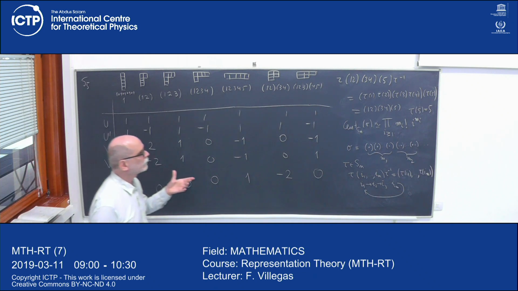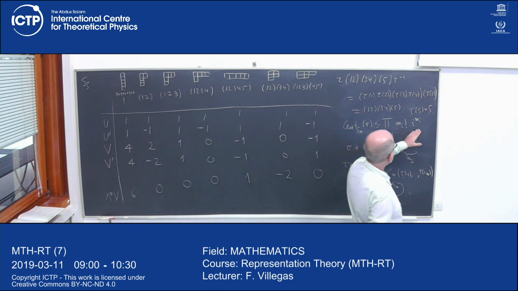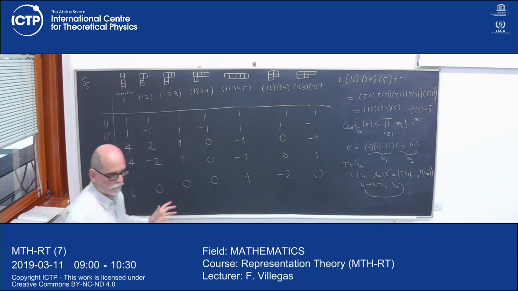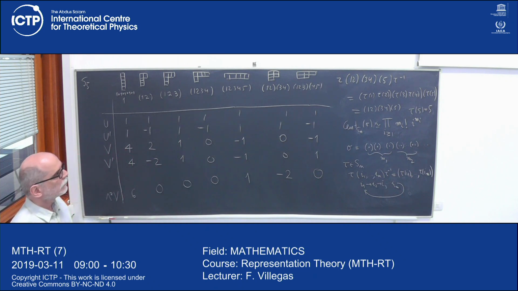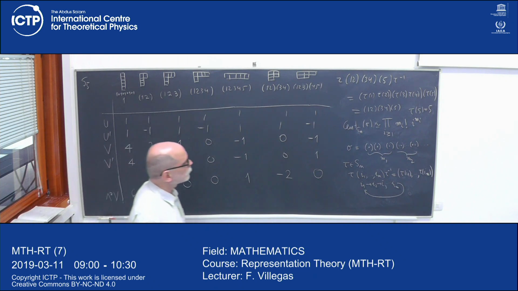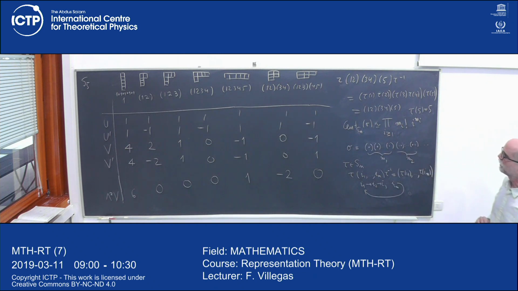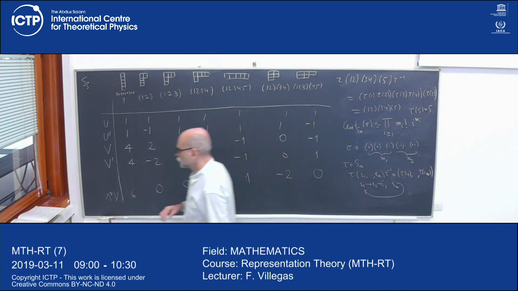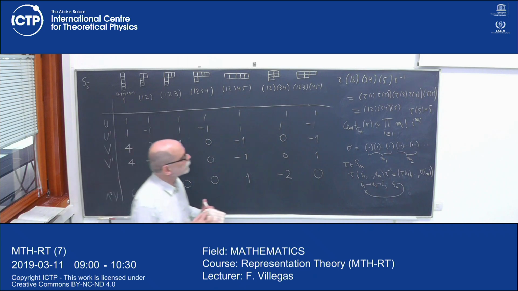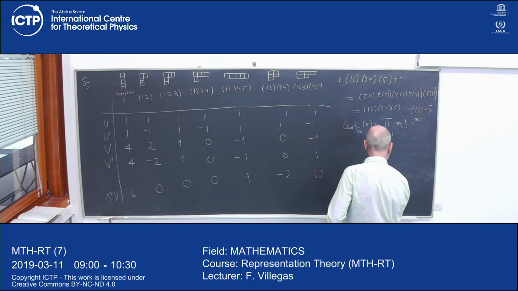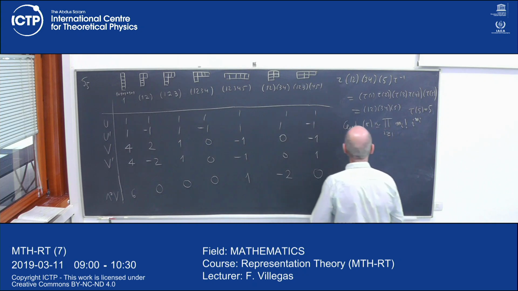So in fact, the stabilizer is what's called a wreath product of a cyclic group of order i with S_{m_i}. So the conclusion is that this is the order of the stabilizer, and from here we deduce the order of the conjugacy class.